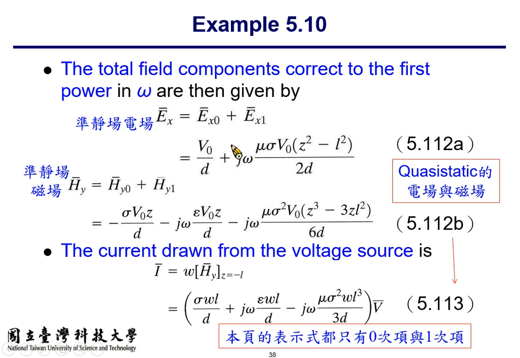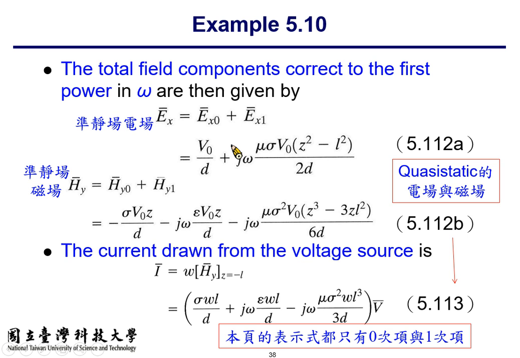The current drawn from the voltage source can be written as the product of the magnetic field intensity times the width of the plate, which is W over here.